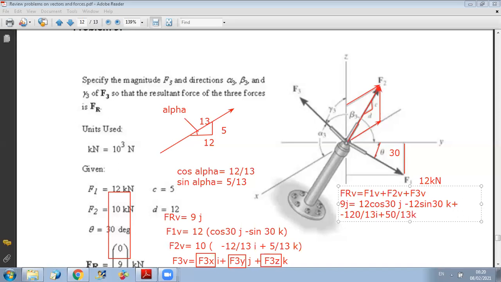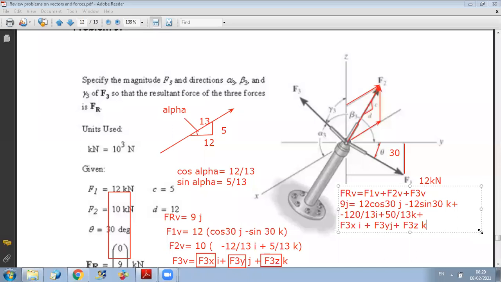And finally, for the F3 vector, it's plus F3x along i plus F3y along j and plus F3z along k. Now all I have to do is to compare. The comparison along i, j, k will give me three equations.